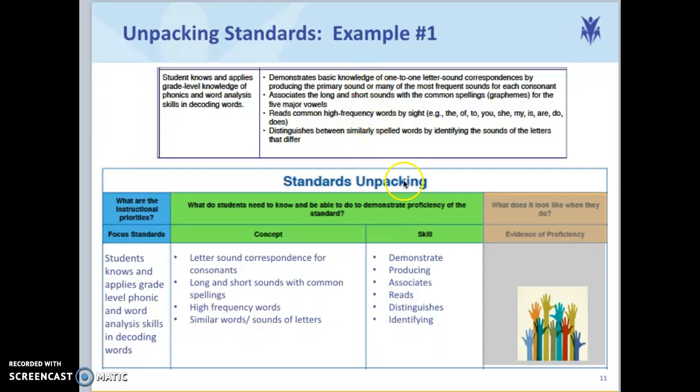Here are the skills: demonstrates, producing, associates, reads, distinguishes, identifying. Where am I getting that? These are the nouns and the verbs. That's all here in our supporting standards.